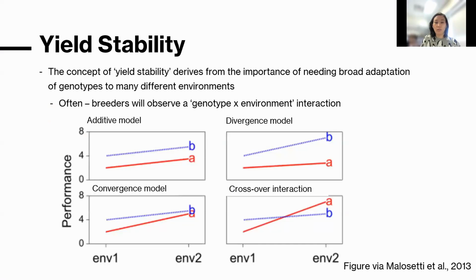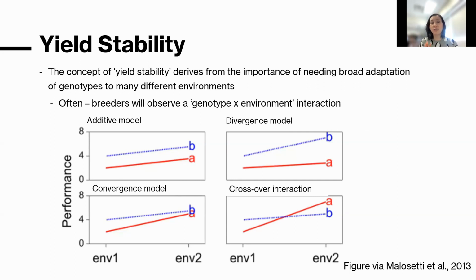So for those of you who are not familiar, the concept of yield stability derives from the importance of needing broad adaptation of genotypes to many different environments. And so a lot of times when breeders have lots of different genotypes to test, they'll test them across many, many different kinds of environments.